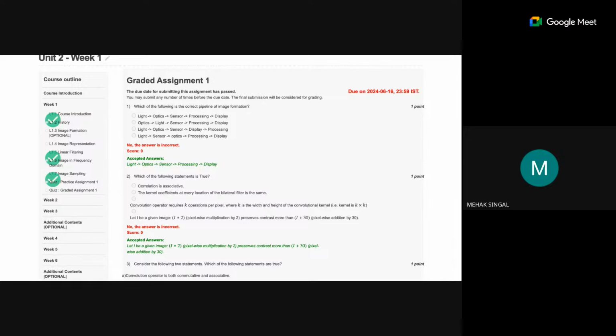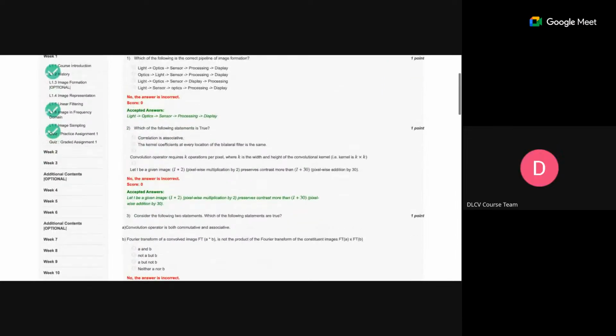In the fourth point: let I be a given image. I times 2, pixel-wise multiplication by 2, preserves contrast more than I plus 30. Yes. As I told you, contrast is the change in pixel intensity.